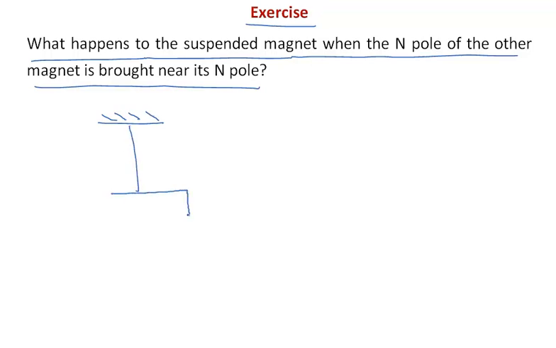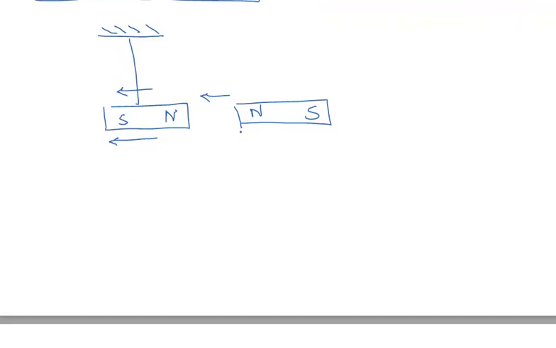Okay, now this is the magnet, north pole, south pole. You bring another magnet with north pole and south pole like this, and if you bring it closer, this will experience force of repulsion, and because of this repulsion, it will be now like this.